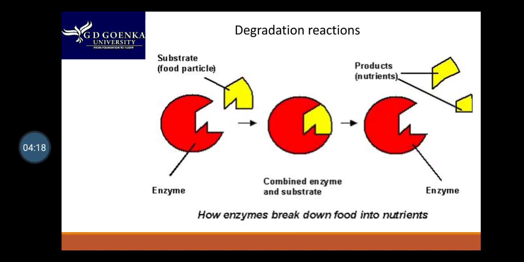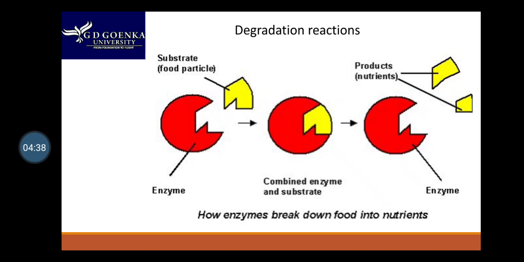We are going to learn an example of a degradation reaction that occurs in our body. Here we see the red structure, that is the enzyme, and the yellow structure, that is the substrate, or we can say the food particle. This food particle is a large molecule which will bind to the active site of the enzyme, and after that we see the combined enzyme and substrate.